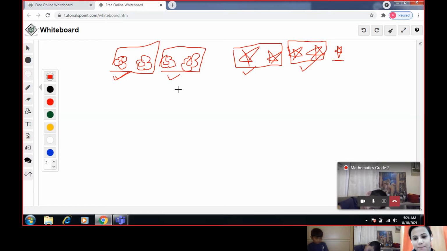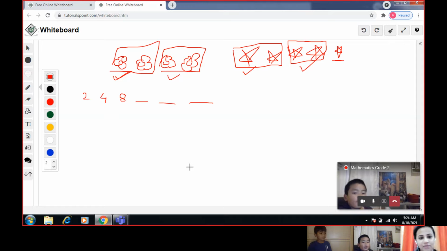Okay, now let's see the pattern. Let's see how to fill the patterns. Some patterns are given. Suppose 2, then 4, then 8, then tell me what will come in the next 3 blanks. See, these are the patterns. 3 numbers are given.